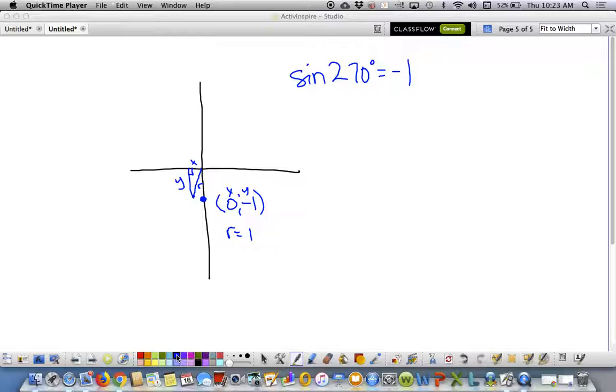So then, can you find something like 3 secant 180 degrees plus 5 times something 360 degrees?